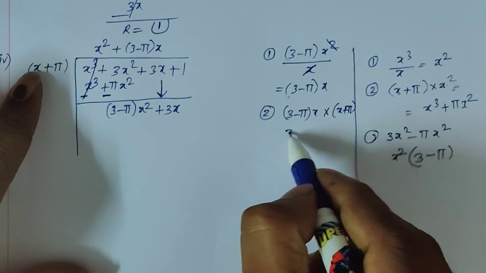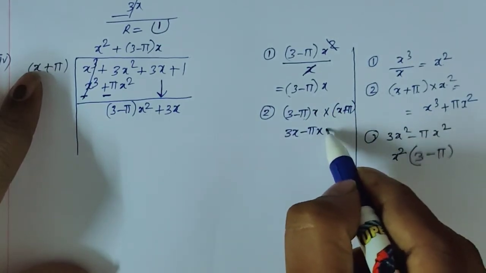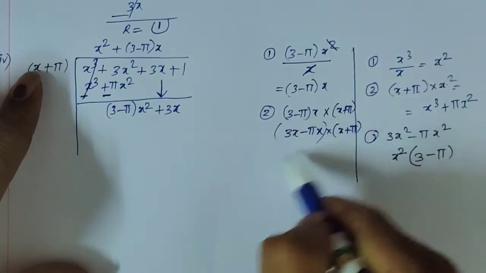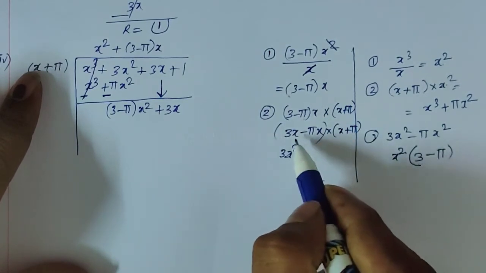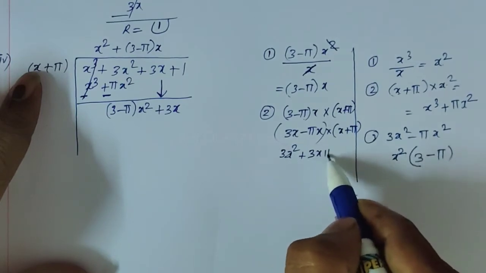First multiply these two. 3 into x, 3x minus pi x into x plus pi. First 3x into x, 3x square. 3x into pi, 3x pi.